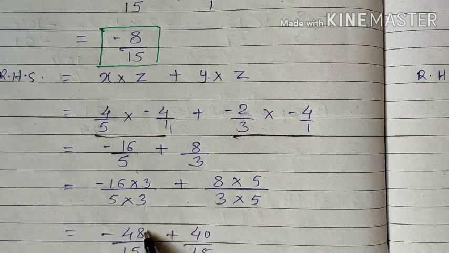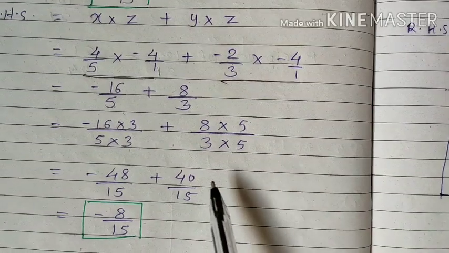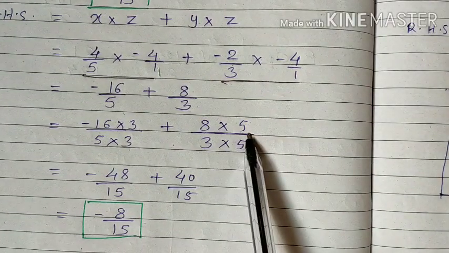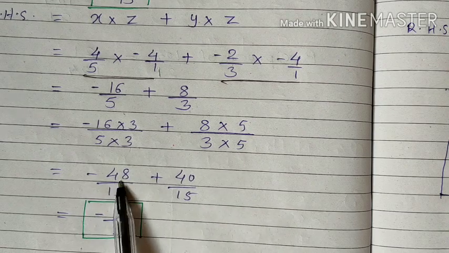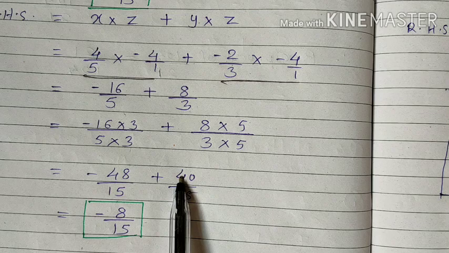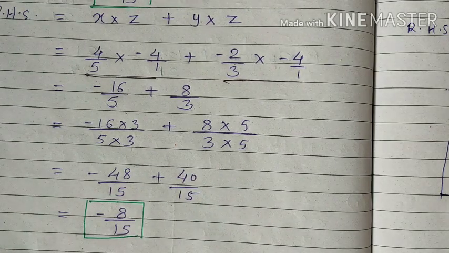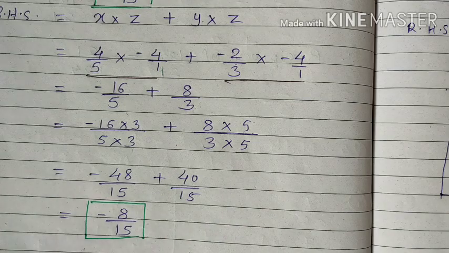Minus 16 multiplied by 3, minus 48 upon 15. 8 5s are 40 upon 15. Again, denominators are the same, so we can proceed further for addition. Minus plus minus, but there will be the sign of the greater number. So it is minus 8 upon 15.